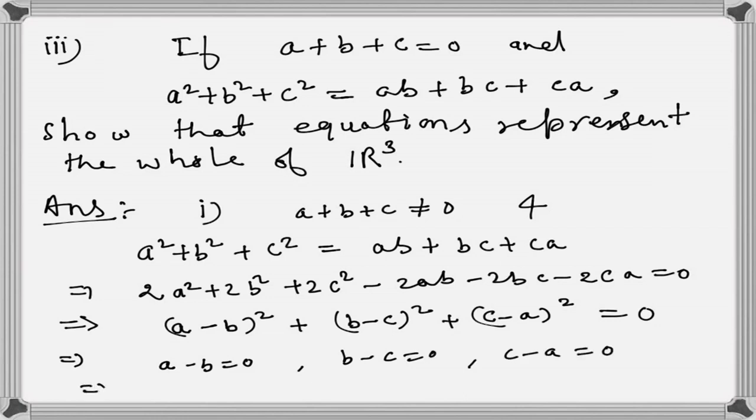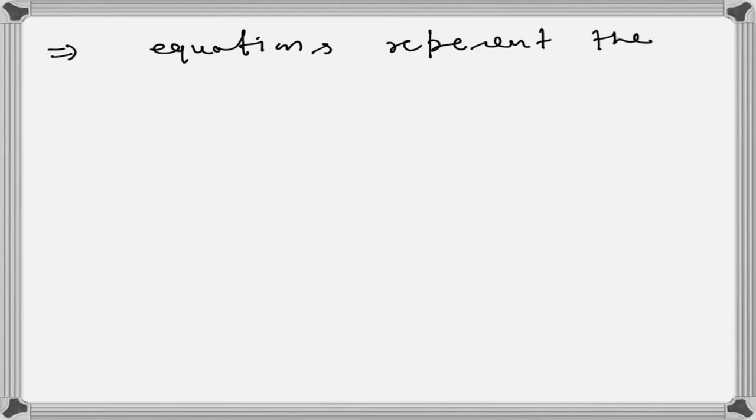Alright, so this implies that A equals to B equals to C, and because A plus B plus C is not 0, we obtain that A is equals to B is equals to C. So this implies that the equations represent the identical plane.